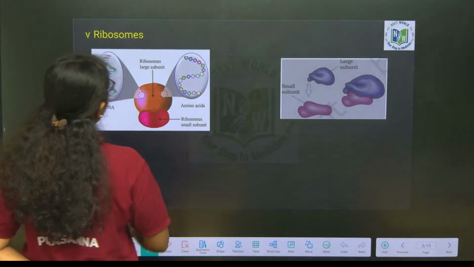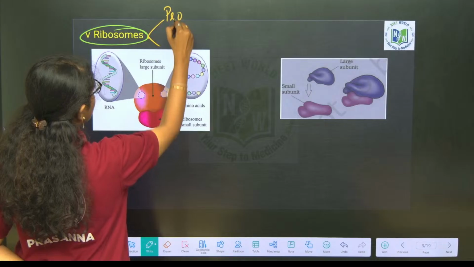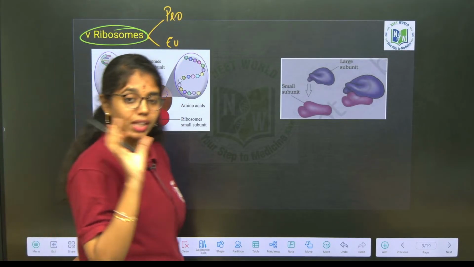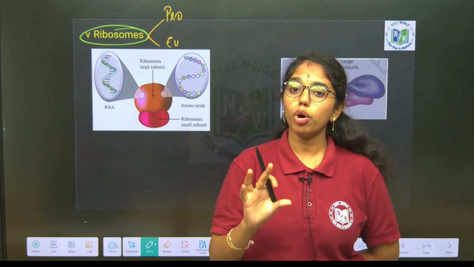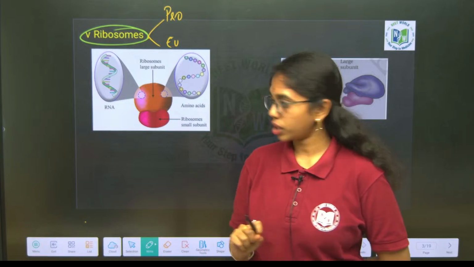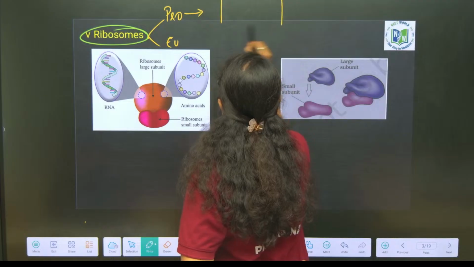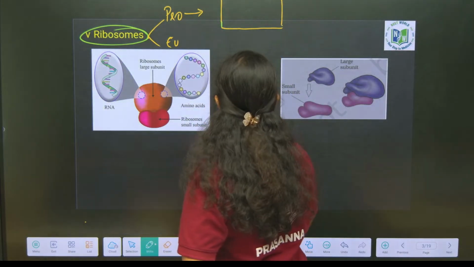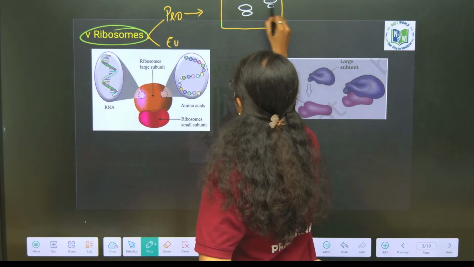You know ribosomes are present both in prokaryotic cells and eukaryotic cells. First we will remember the location of the ribosomes in a prokaryotic cell and eukaryotic cell. In a prokaryotic cell, where are ribosomes present? Ribosomes are present inside the cytoplasm and adjoining to the cell membrane, okay.